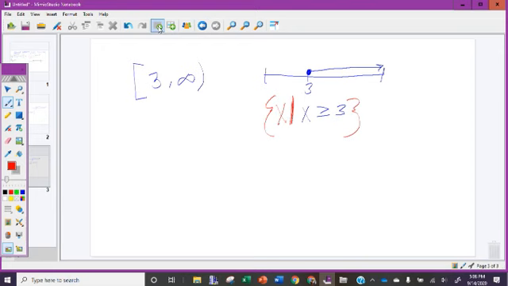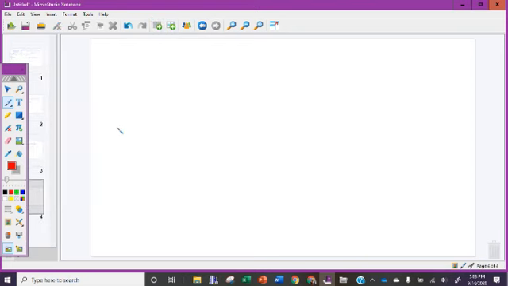Another one, let's do x is less than -2 or x is greater than 3. This is called a disjoint or split inequality, whatever you want to call it.